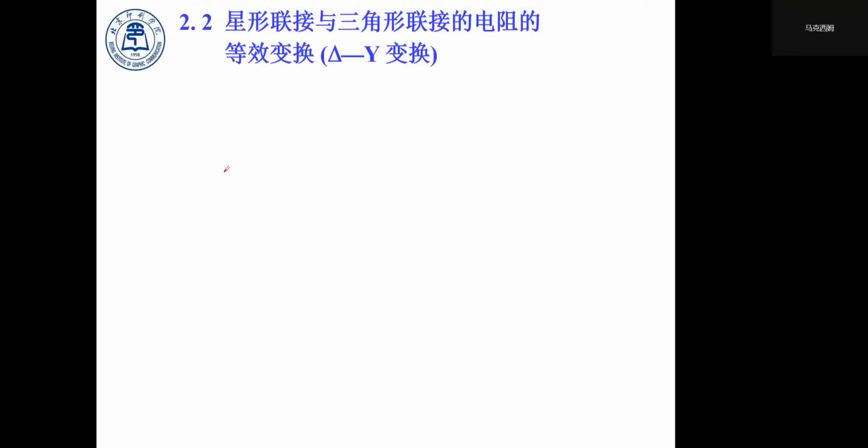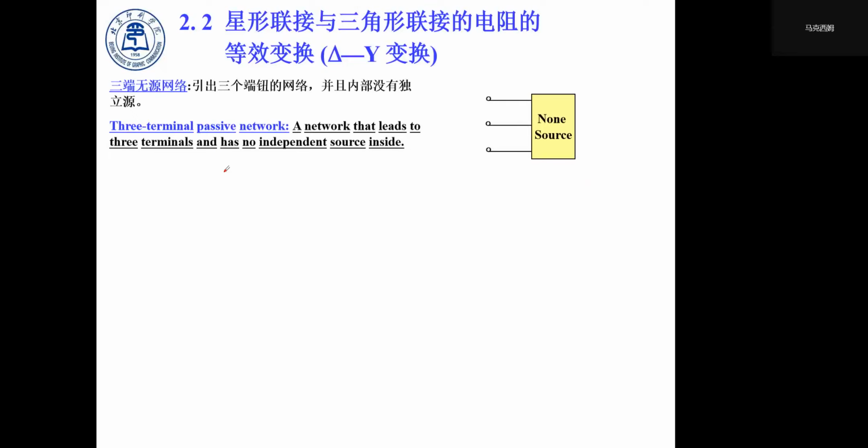Now let's talk about some kind of equivalent transformation in another kind of connection form. So if you have a network which has 3 terminals outside, it's just like our plugs. We have plugs with 2 terminals and plugs with 3 terminals.